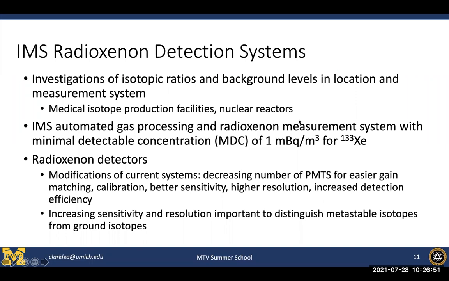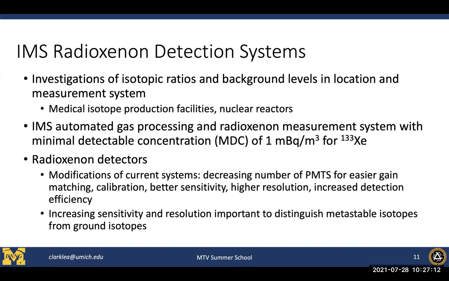And the lower the MDC, the fewer the false negatives. That's a big thing that the IMS is using for detection systems, because the isotopes can then be better discriminated from the background and all these different interferences. So that's something that has been going into play for trying to improve these types of systems.